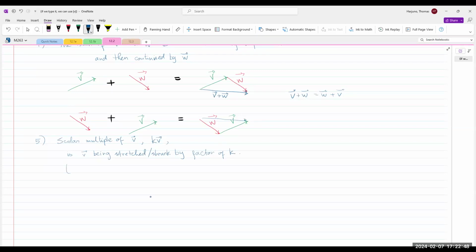In other words, the length is multiplied by k, but the direction is the same.